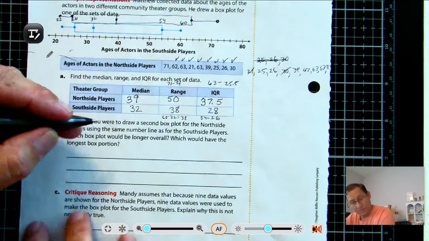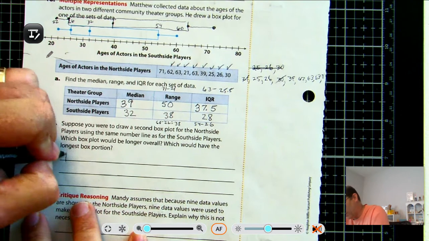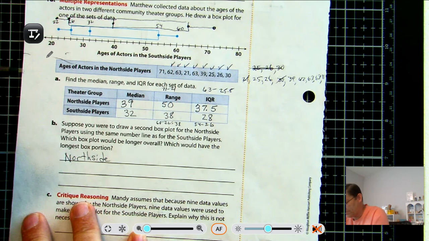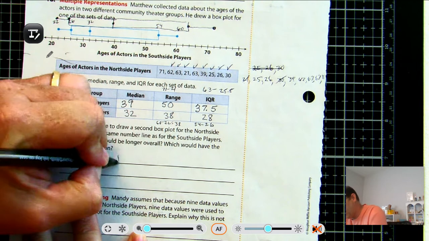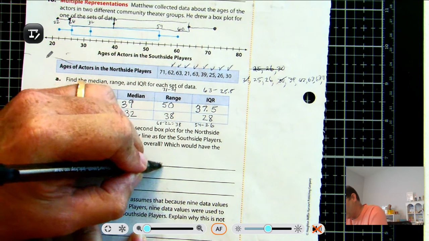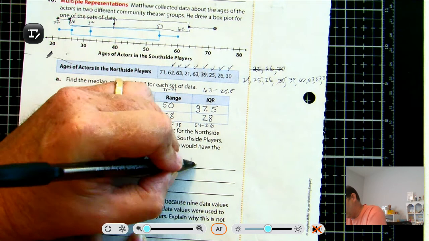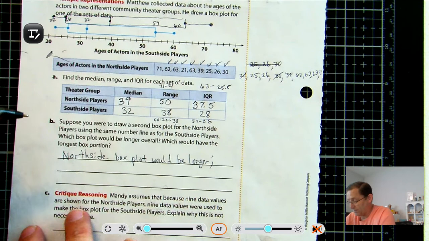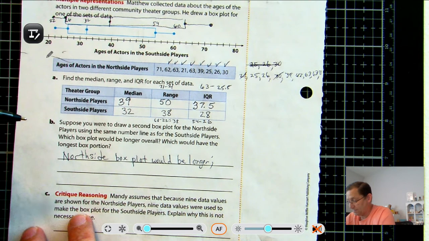Okay, so the north side players will be longer. And which would have the longest box portion? North side.